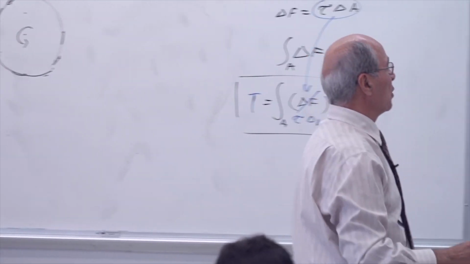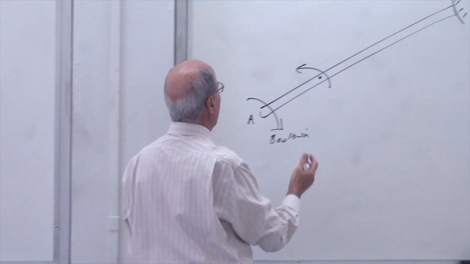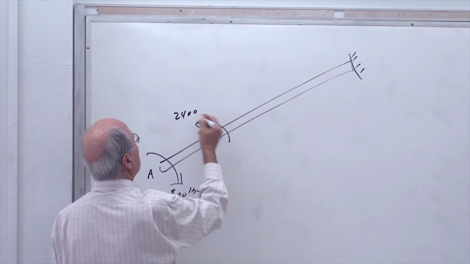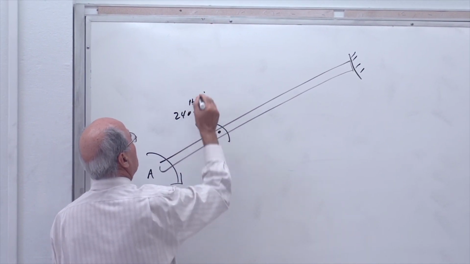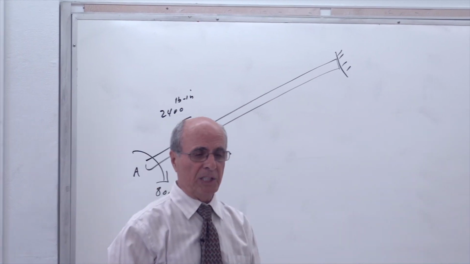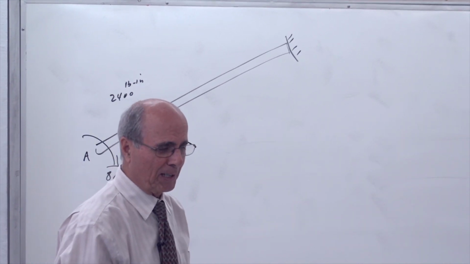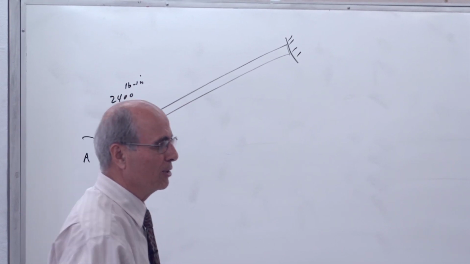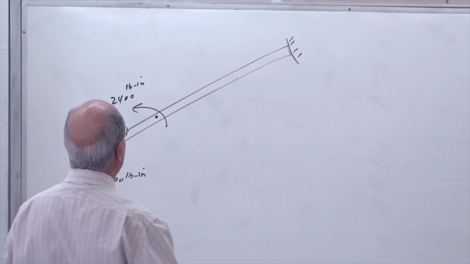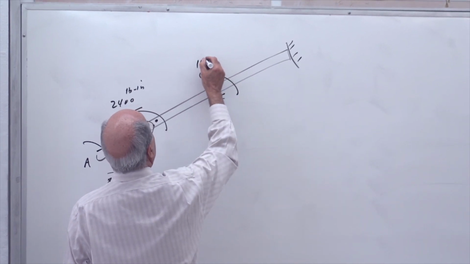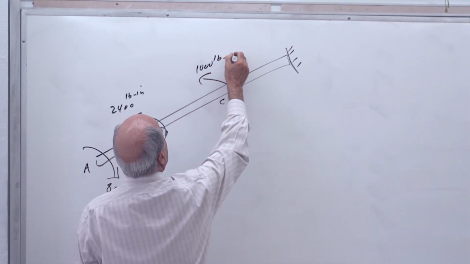At point B, we have to put a torque going in the opposite direction, 2,400 pound-inch. Is that correct or not? I remember that. And then for the other one, it is 1,000 pound-inch at point C. Remember that.